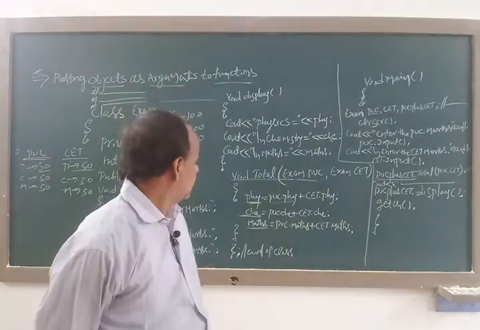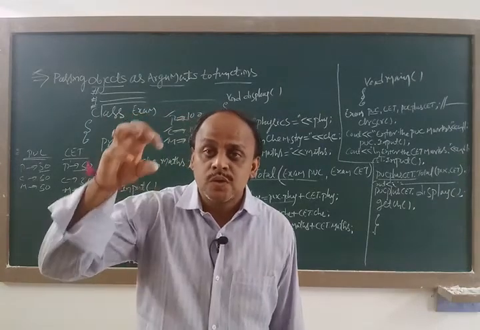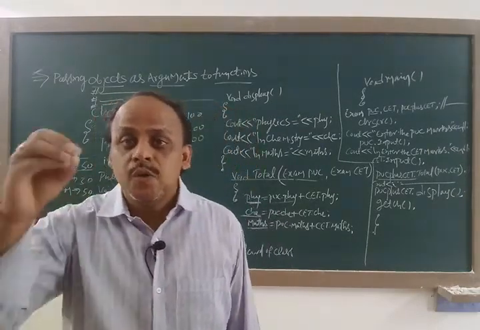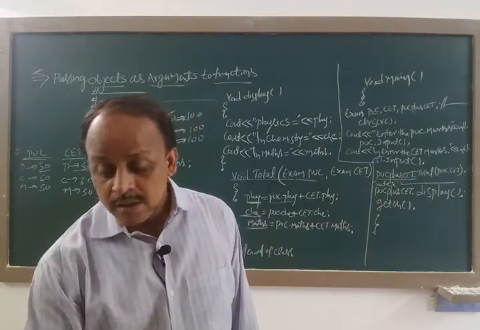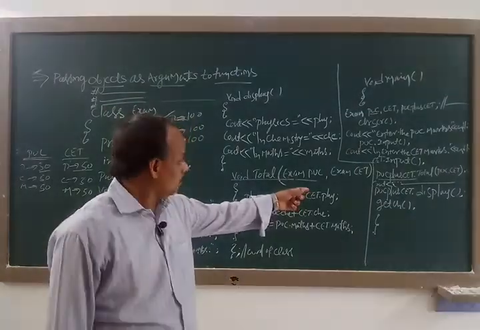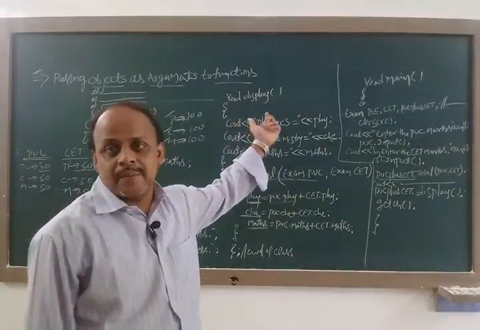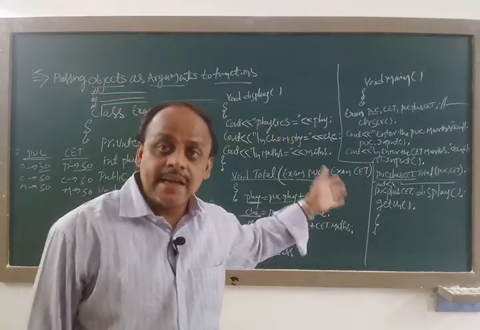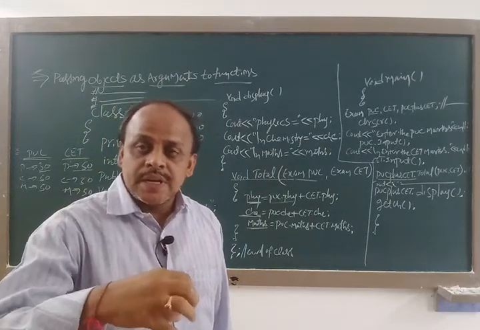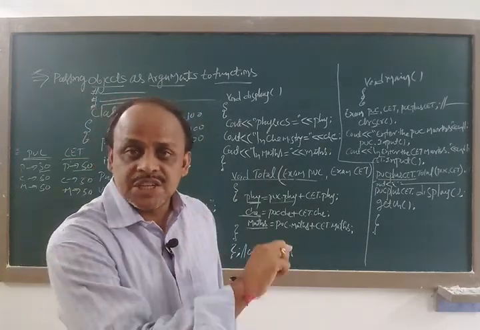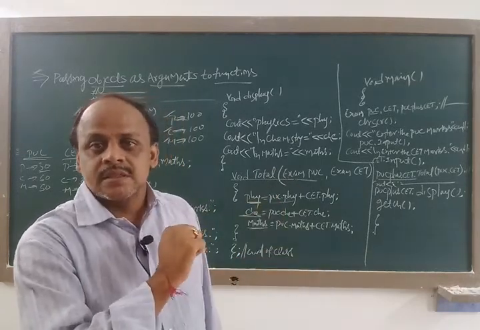So this program shows how to use objects in the place of arguments or parameters, right. So this program clearly shows it is possible to use class objects in the place of function arguments, in the place of function parameters, right.